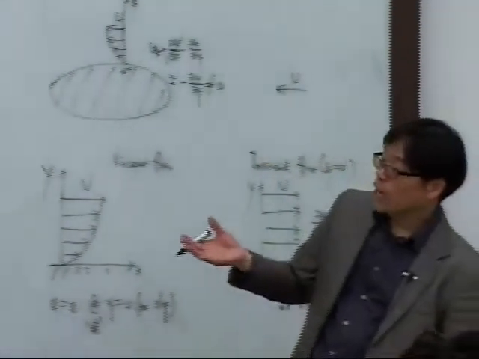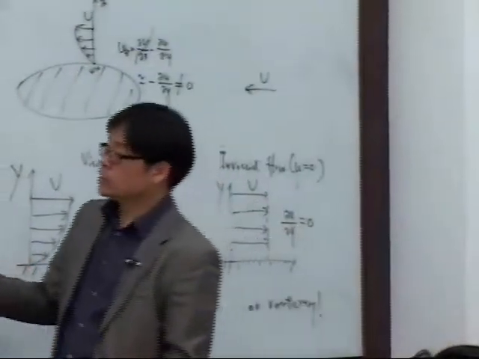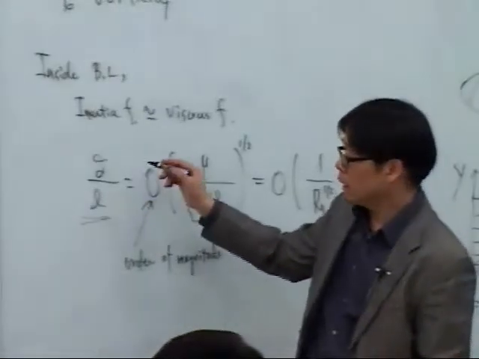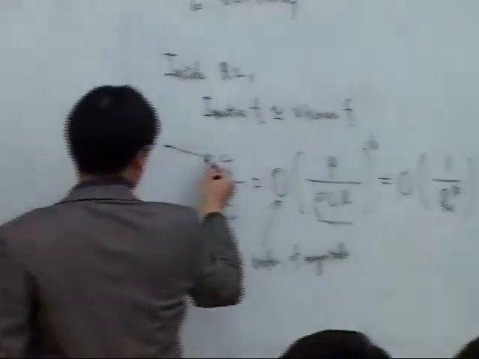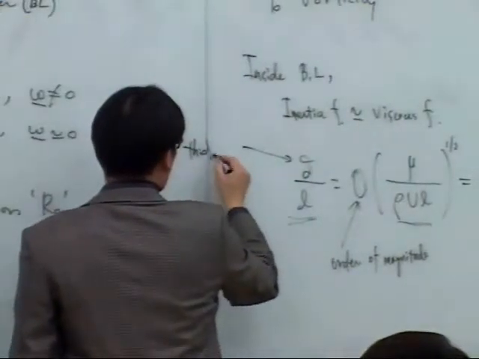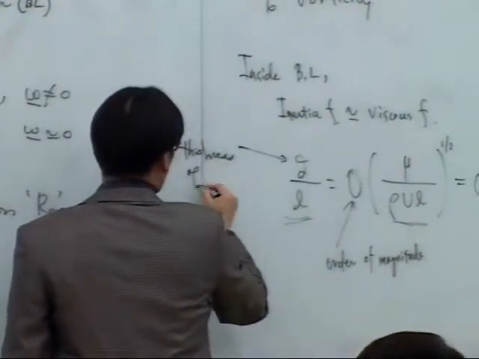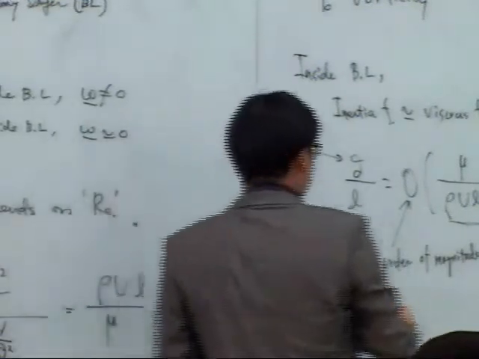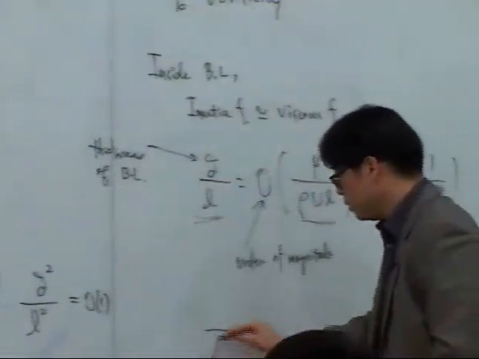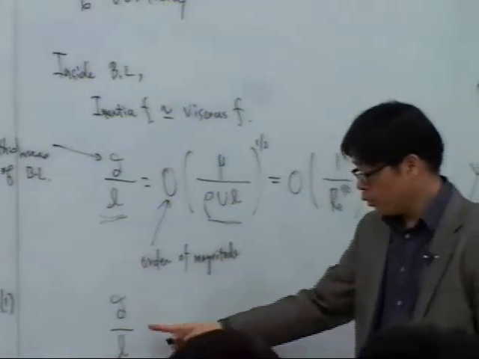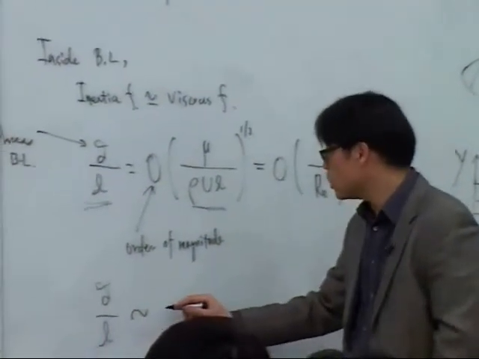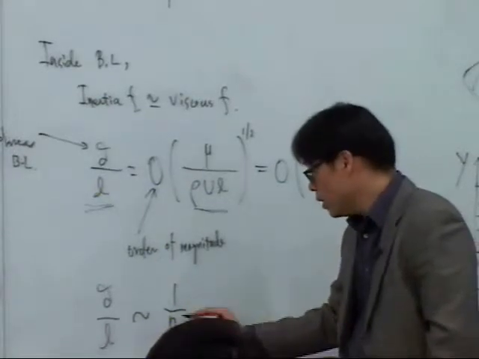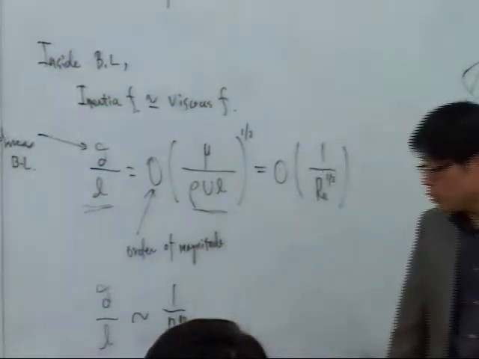So eventually what we got is the thickness of boundary layer, delta. Thickness of boundary layer, when we non-dimensionalize with respect to body length, is proportional to 1 over the square root of Reynolds number.